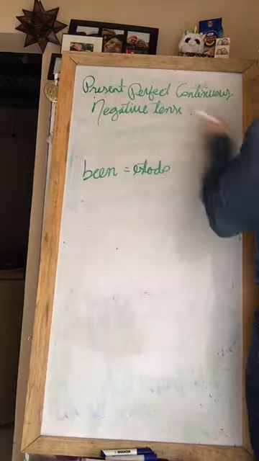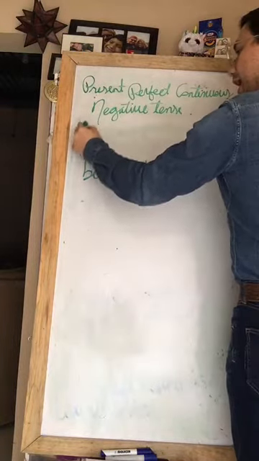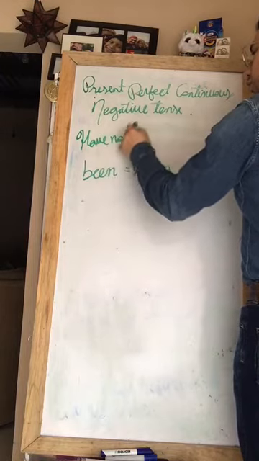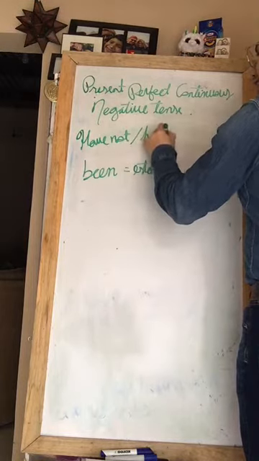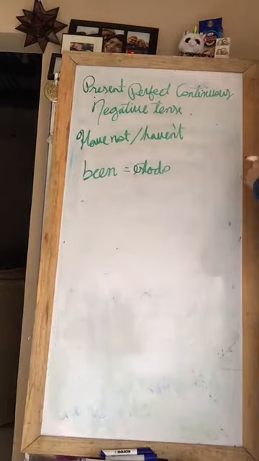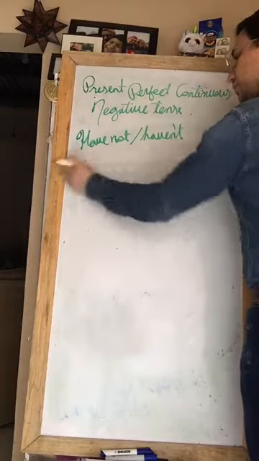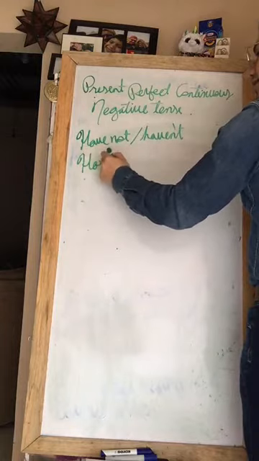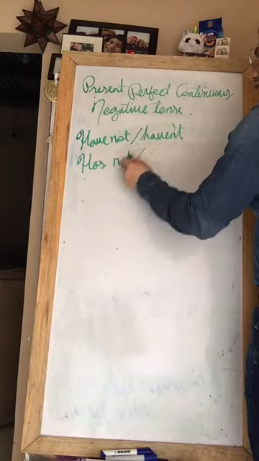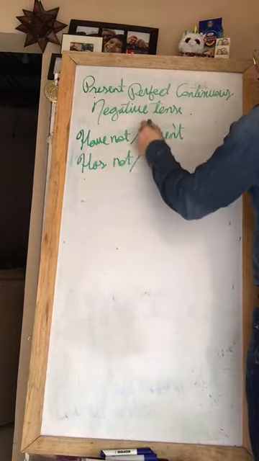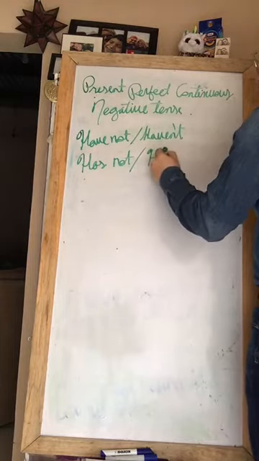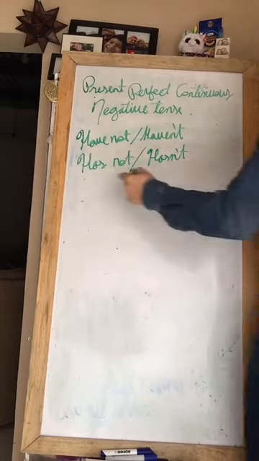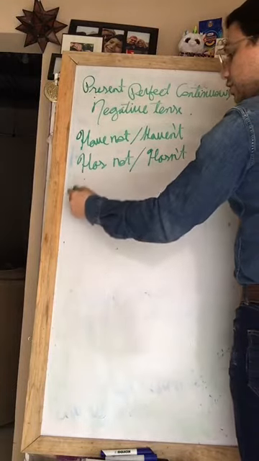We will write have not, or haven't, which would be the contraction. Has not, or hasn't, it's also a contraction, and we will still use been.